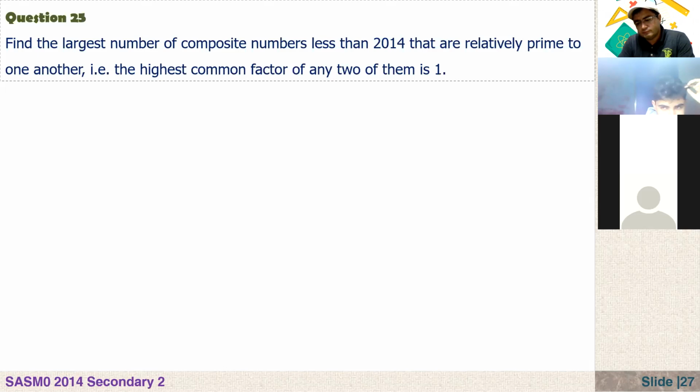Is 2013 a prime number? We can check this. Is 2013 a prime number? No, it's not a prime number.